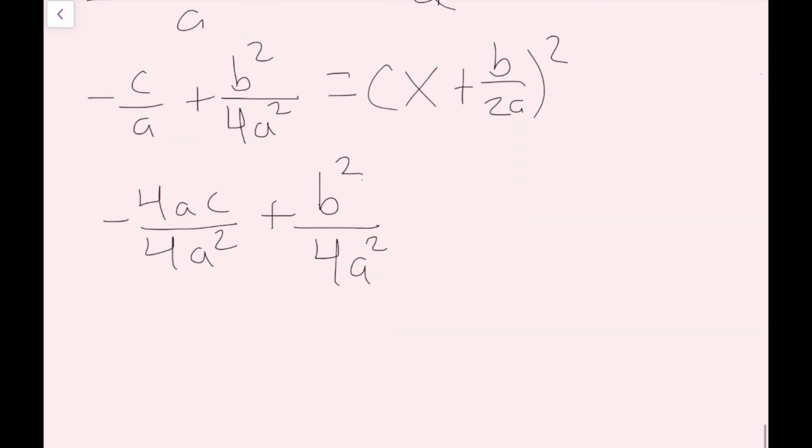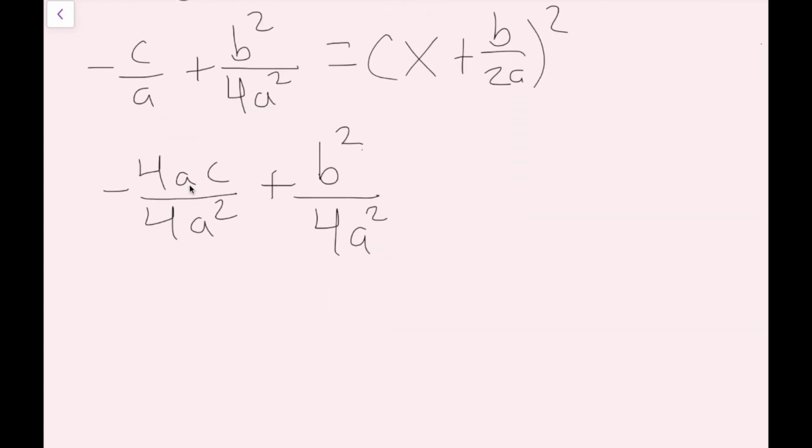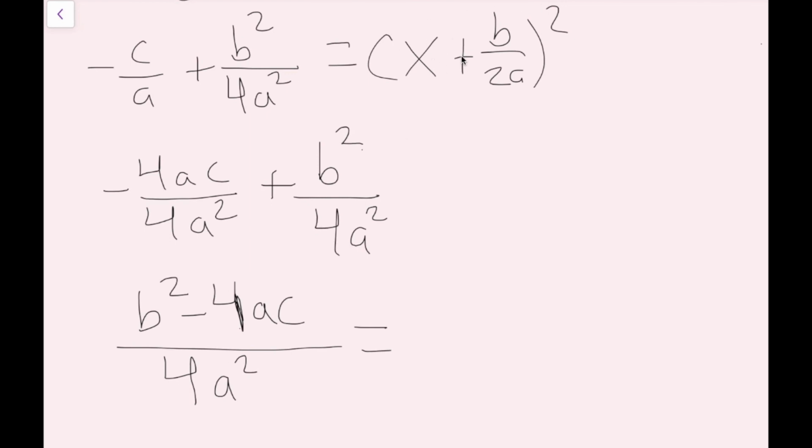And then one more time I can combine these denominators. I'm just going to rearrange the terms as well, so I'll rewrite it as b squared minus 4ac over 4a squared. And this is all equal to x plus b over 2a quantity squared.